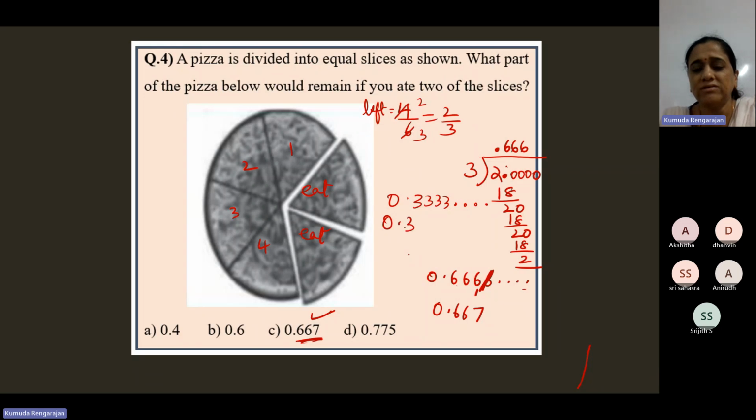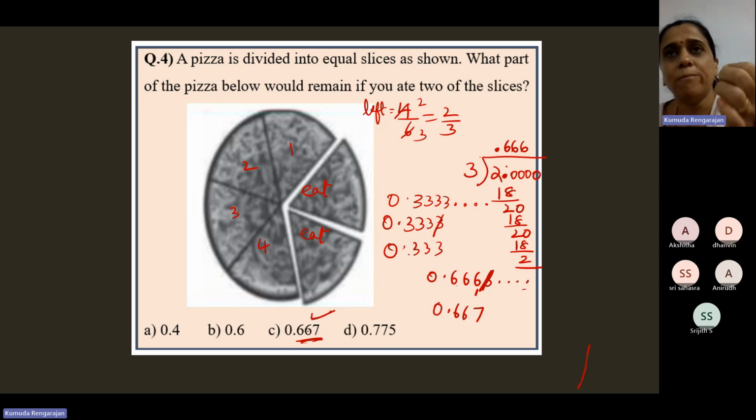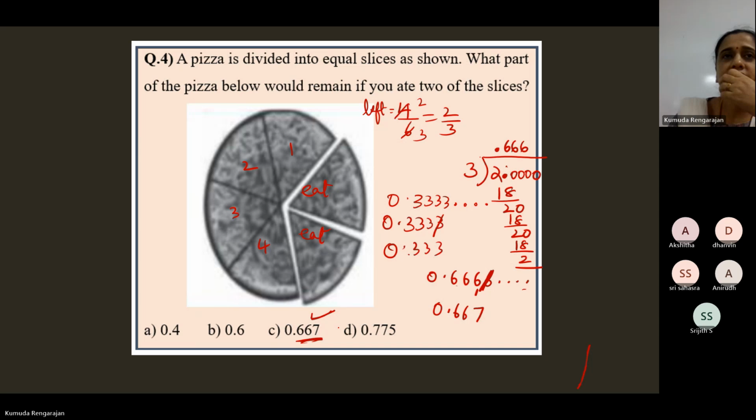Then just take four 3s, take away the last digit, and it's less than 5. So the answer is just 0.333. You should not increase by 1. Only if the last digit you remove is more than 5, you increase the previous digit by 1. If it's less than 5, just take away the last digit and leave it.